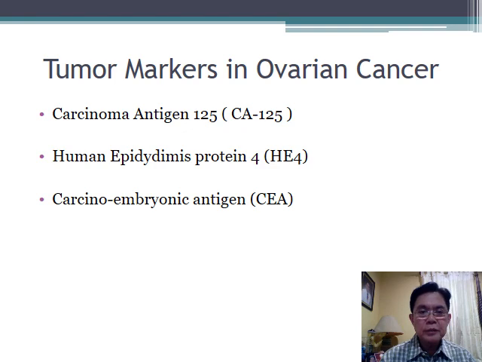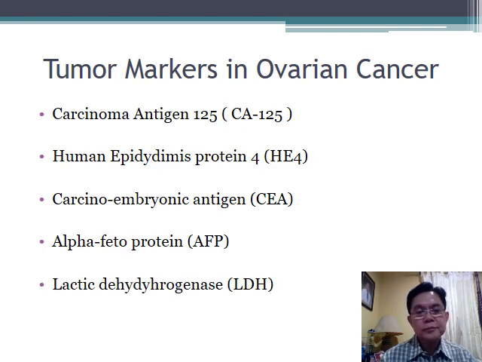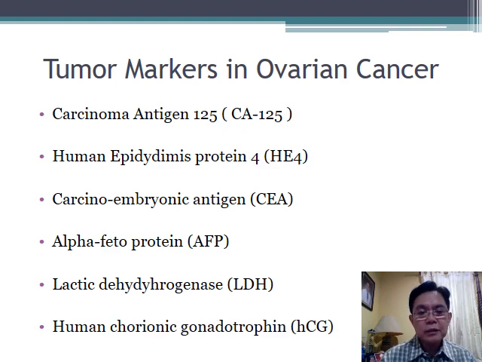There is human epididymis protein 4 or HE4, and carcinoembryonic antigen or CEA, which has been utilized as well to screen for gastrointestinal tumors. Alpha-fetoprotein, lactic dehydrogenase, and human chorionic gonadotrophin have been identified in germ cell tumors.